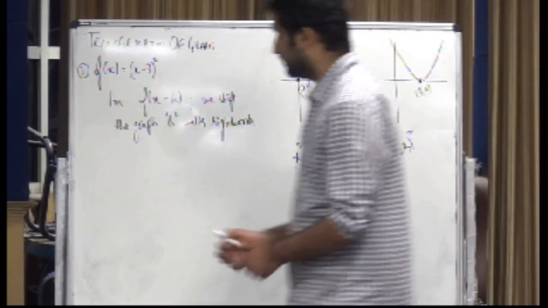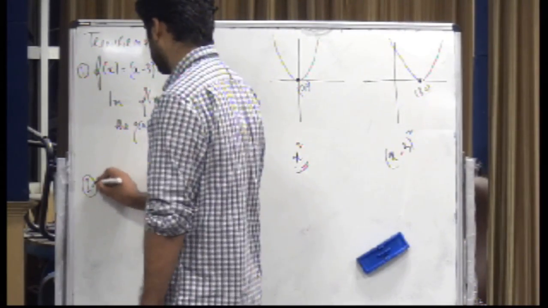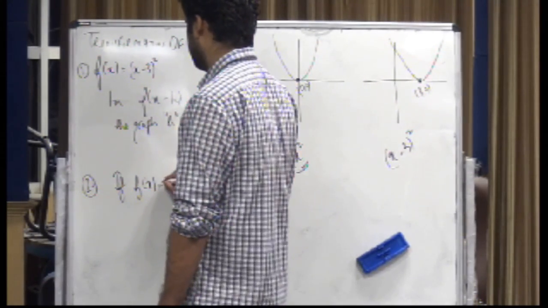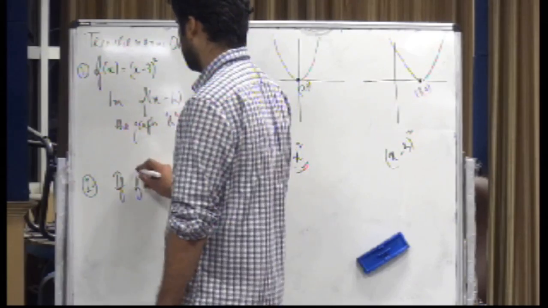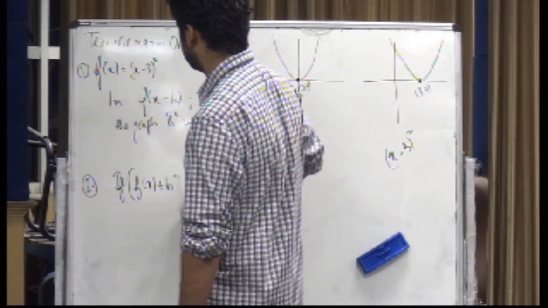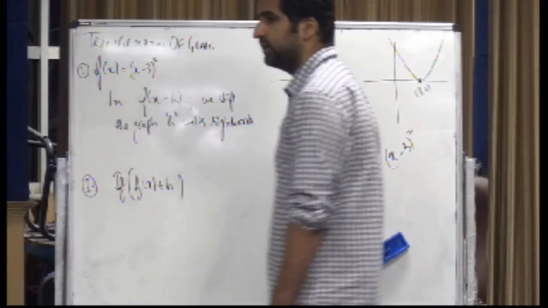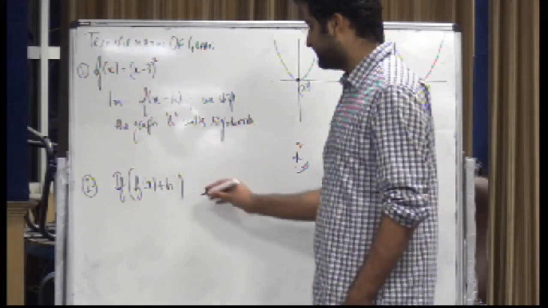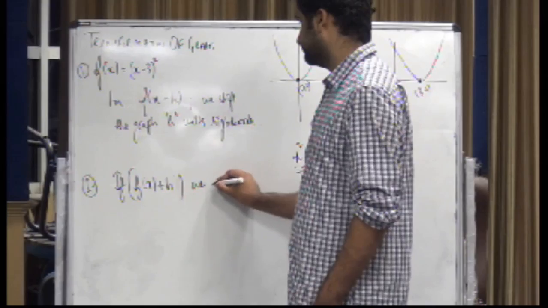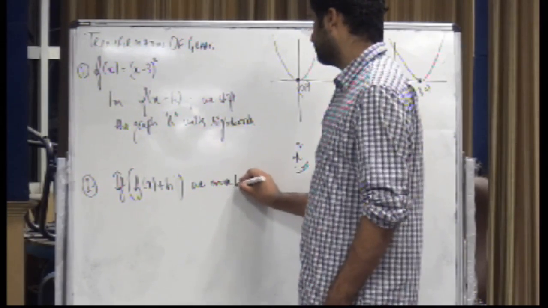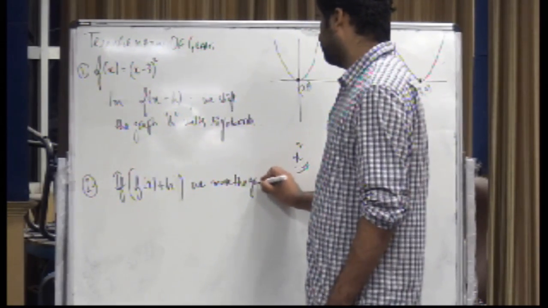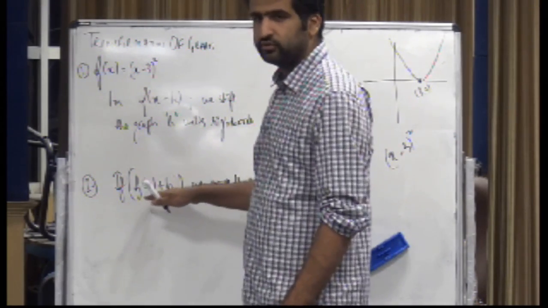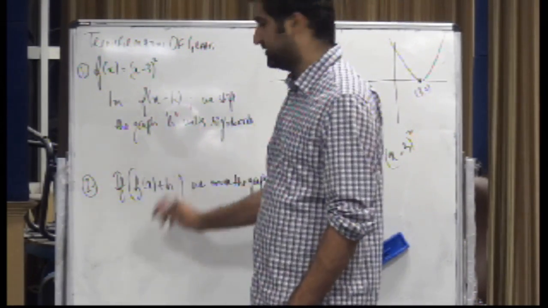Have we done this? Next one is f of x plus h. Now this is a different one. What do we do here? In this case we move the graph upwards, because this h is outside.